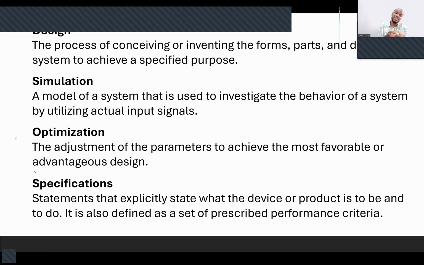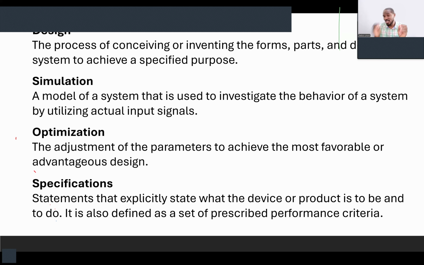First, we've derived a mathematical model, but we also create a digital model of a physical system, and then we manipulate it, we investigate it to see how that system will behave if it were in real life. That's what simulation is all about. When we talk about optimization, we are trying to adjust the parameters to get the most favorable parameters that will be advantageous for our design.